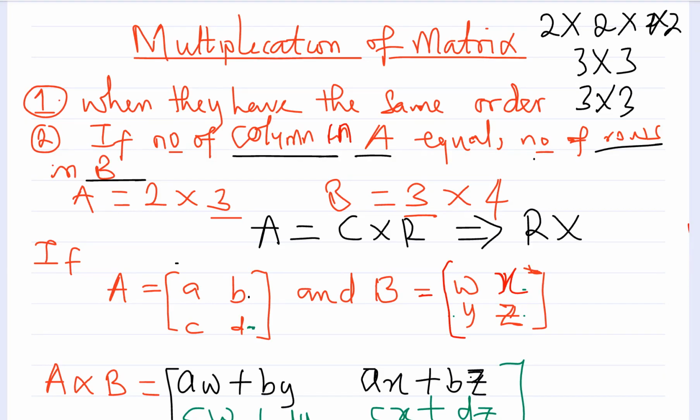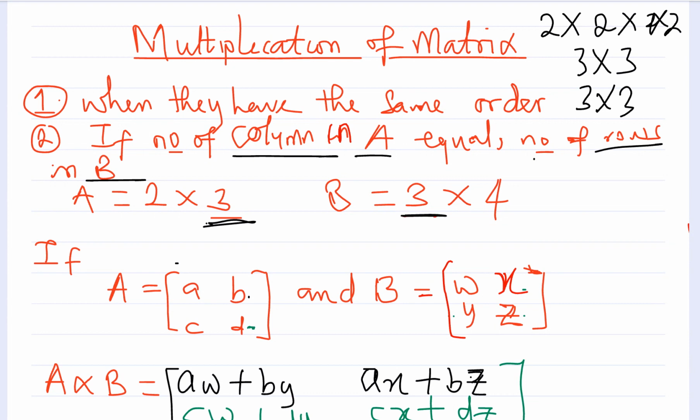Row by column. Do you understand that now? So if I have a matrix 2 by 3, it can multiply another matrix 3 by 4. You see that now? Because the number of column here is equal to the number of row here, so they can be multiplied. All right.